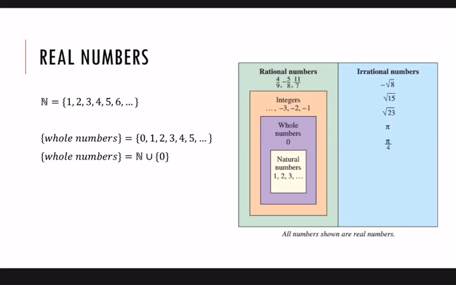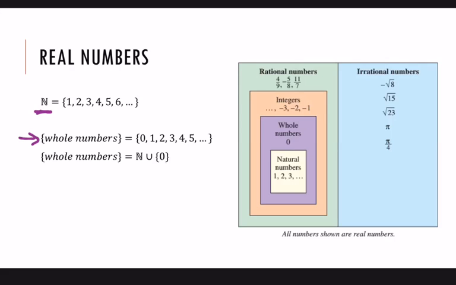Let's start with natural numbers. Here's your symbol, a scripted N stands for natural. And those are your counting numbers, 1, 2, 3, 4, all the way up to positive infinity. Then the whole numbers, no special symbol for these, but the set of whole numbers is 0, 1, 2, 3, 4, 5, etc. Or we could also think of whole numbers using set terminology, from the beginning of one of those previous units.